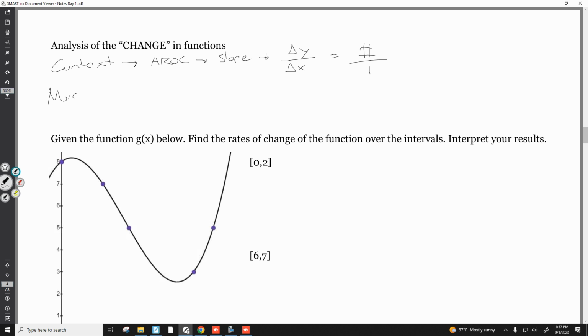More intervals, more knowledge. But you're still just talking about an average rate of change. You still don't know exactly what the function is doing, but you have a good idea. Okay? Cool.